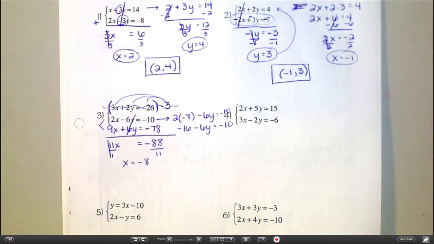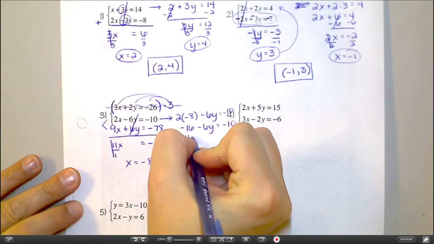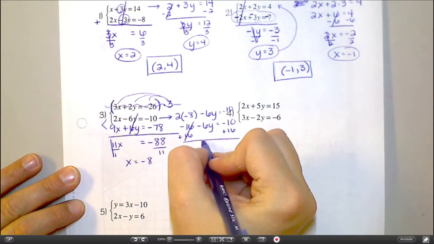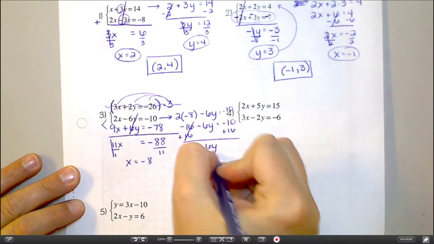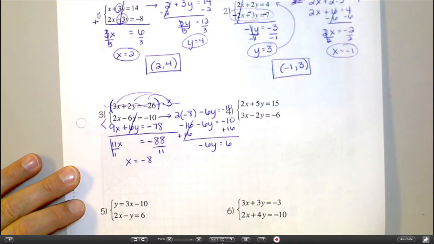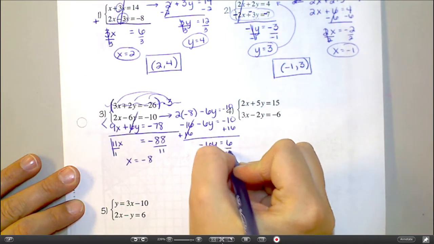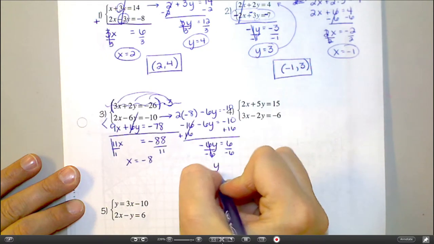What do I do from there? Add 16. Okay, add 16. So now this is a negative 6y, and this is going to be a positive 6. Divide by negative 6, and y equals negative 1.